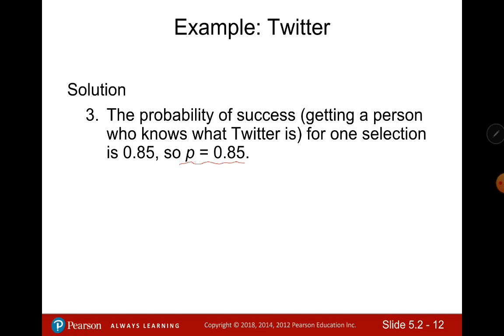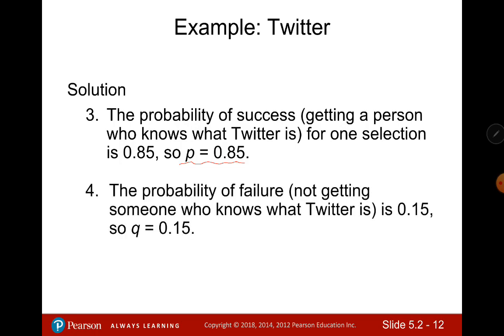Then the lowercase p will be the probability that people know what Twitter is. It's 0.85, right? Of course, we know the relationship between lowercase p and q: if we know the p value, we can use 1 minus p to get q. So in this case, 1 minus 0.85 gives us 0.15.